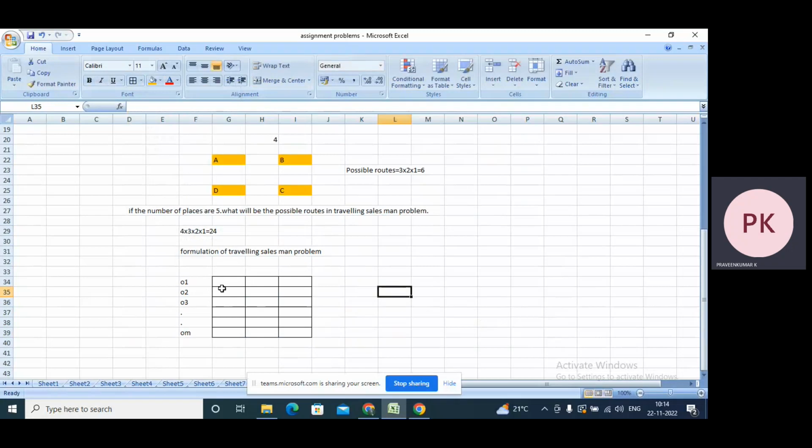So these are the origins. And the destinations, let us take D1, D2, D3, up to Dn, will be the destinations.